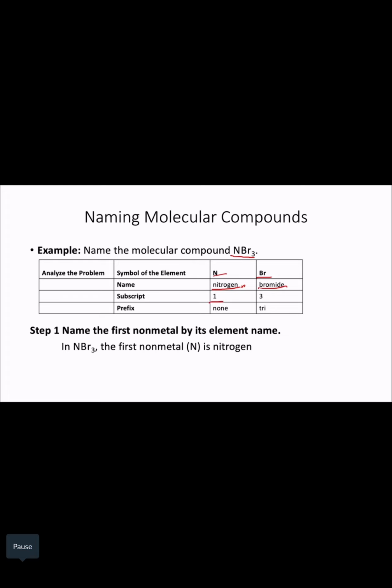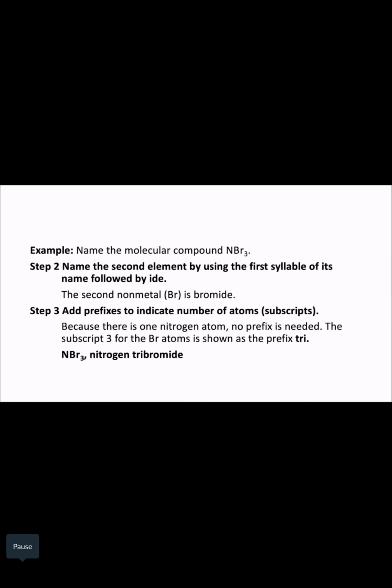Okay, except for carbon monoxide. Then bromine has 3, so you have to use the prefix for 3. You put the name together. Step 1: name the first nonmetal by its element name. So the first is going to be nitrogen. Step 2: name the second nonmetal by its -ide name.